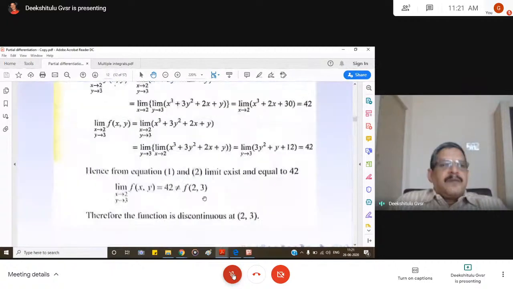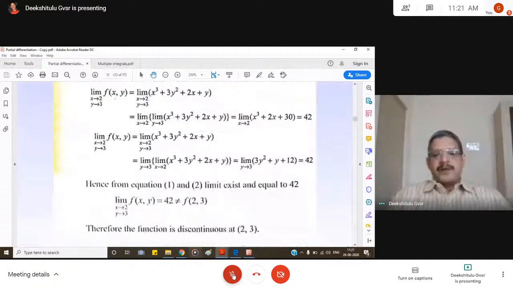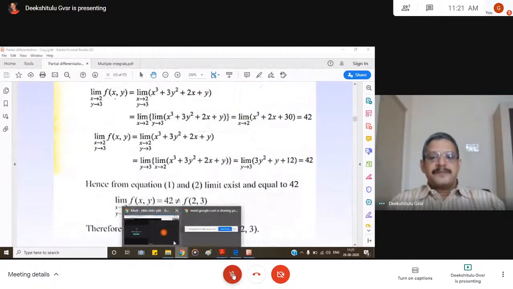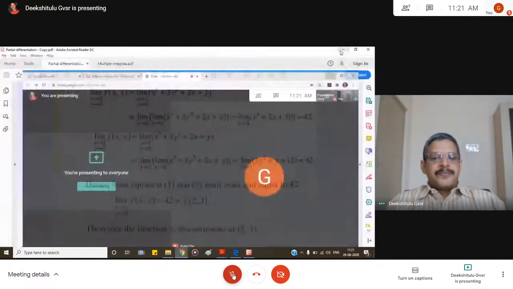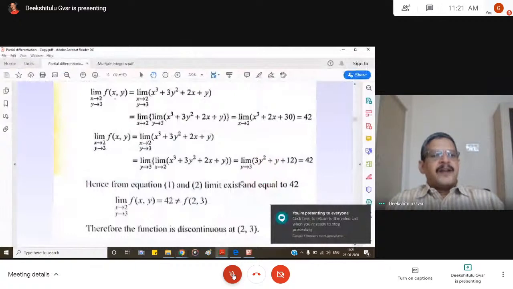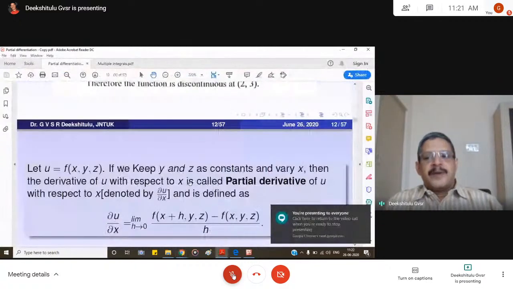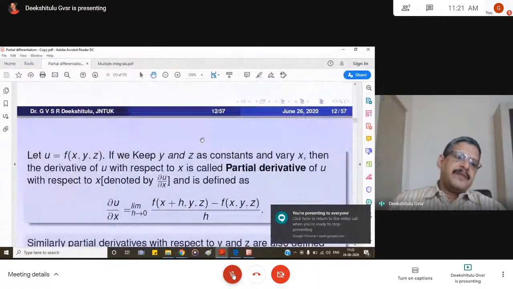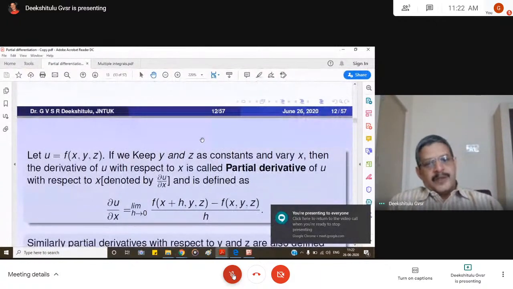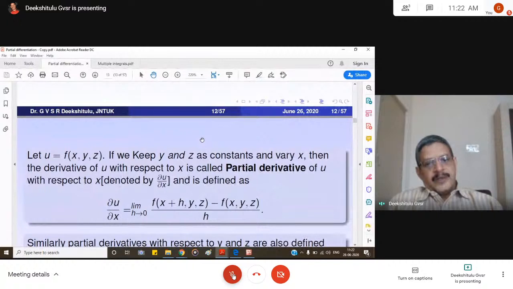So this is the type of problems that we come across in continuity and differentiability. Hope you're understanding, right? So next one is differentiability, partial differentiation. Let u(x, y, z) be a three-variable function. If you keep y and z as constants, fix them and vary x.